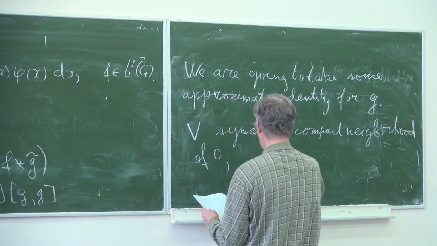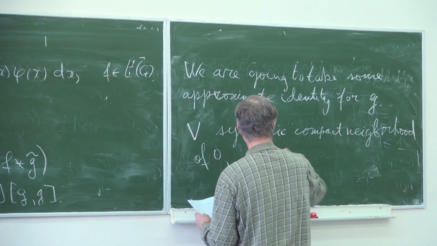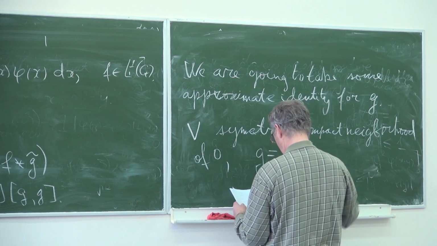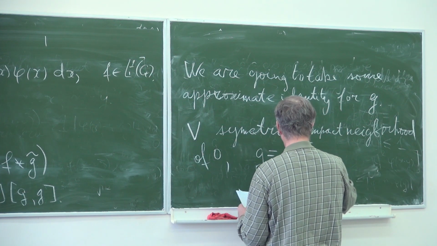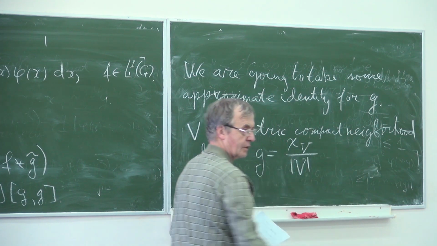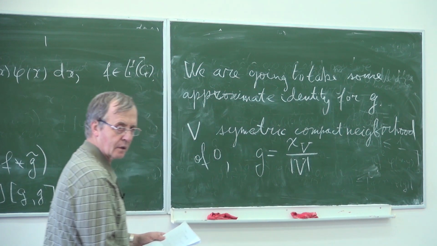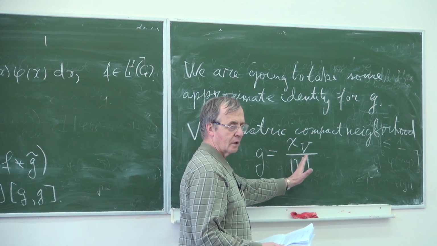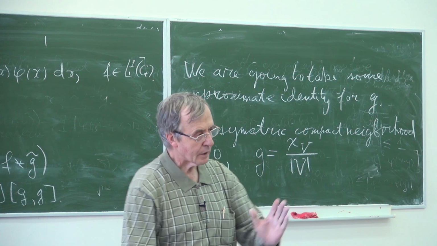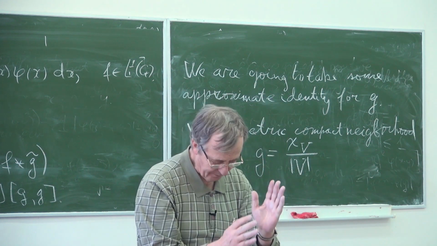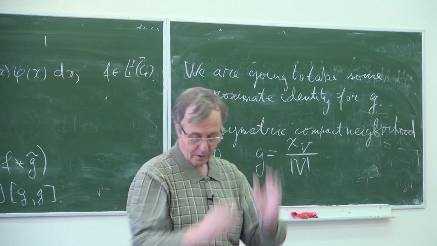And let g be equal to the characteristic function of this neighborhood divided by the Haar measure of this neighborhood. I shall denote Haar measure in this way. Okay, so this is a function normalized in L1, and when V shrinks, this forms an approximate identity.